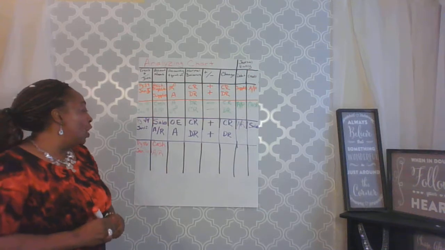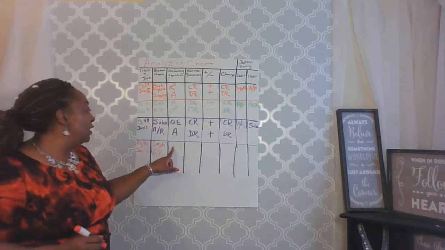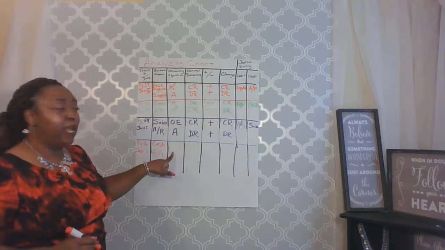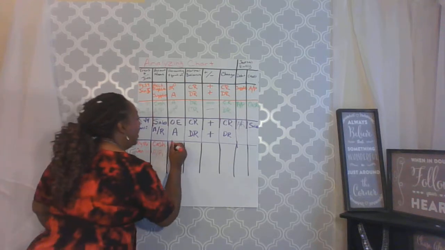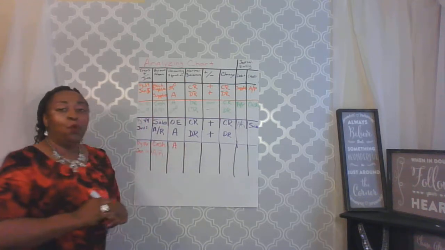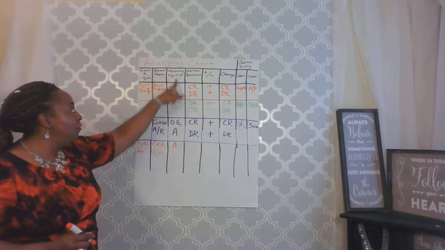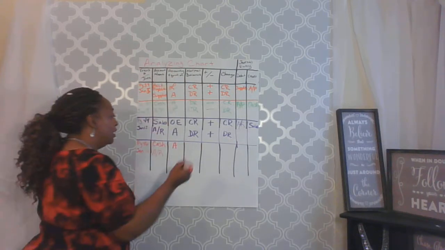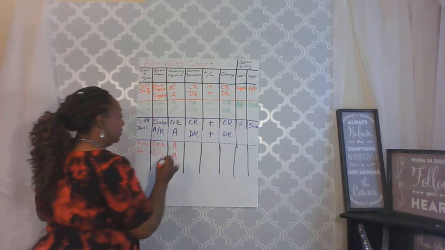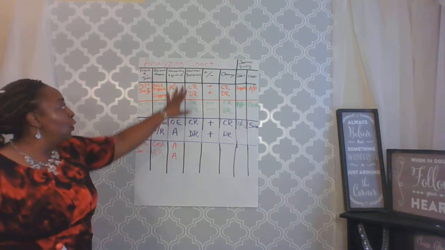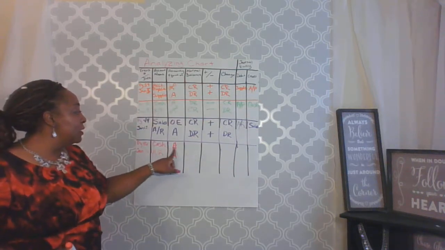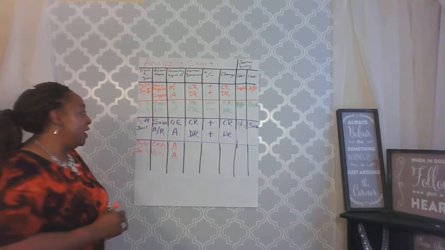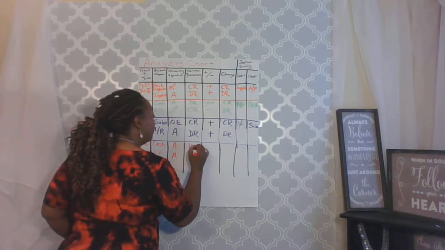Okay. So what type of account is cash related to the accounting equation? That is an asset. Where does accounts receivable fall into the accounting equation? That is also an asset. So what is the normal balance of an asset? It is debit.